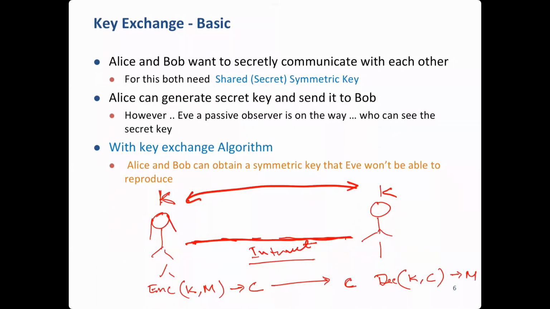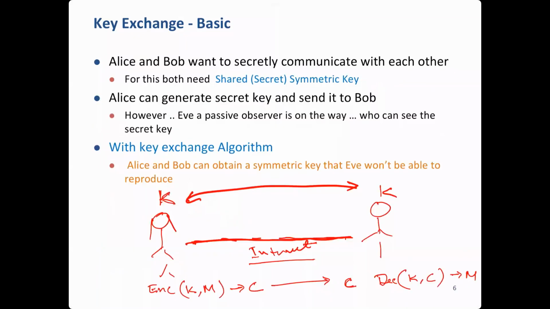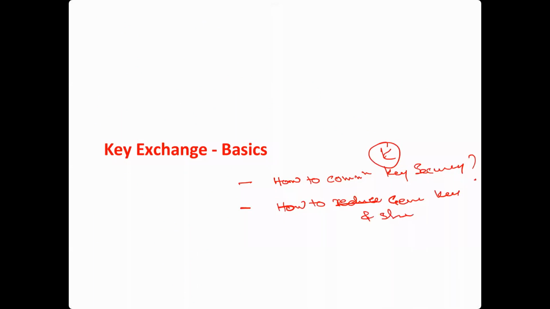Okay, so now the simple algorithm is as follows. We have seen there are two basic issues. First, how to communicate the shared secret key securely. Secondly, how to generate and share keys when the number of people, n, is large.